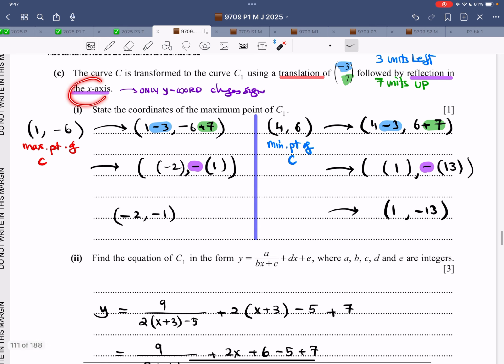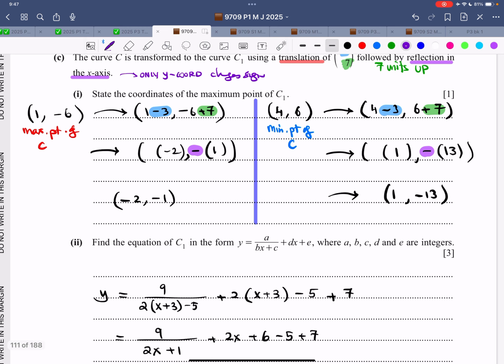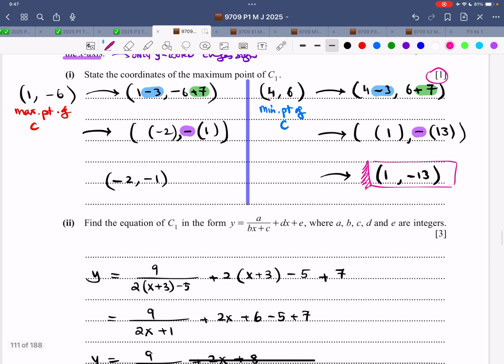So now because of this minus, the maximum will become the minimum and the minimum will become the maximum. So technically the answer for this one is this. So this is the answer of 1 mark for part C. Why?